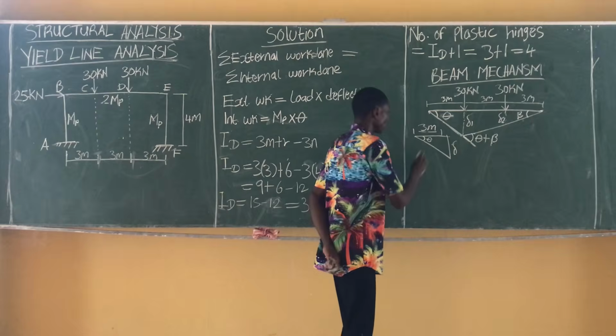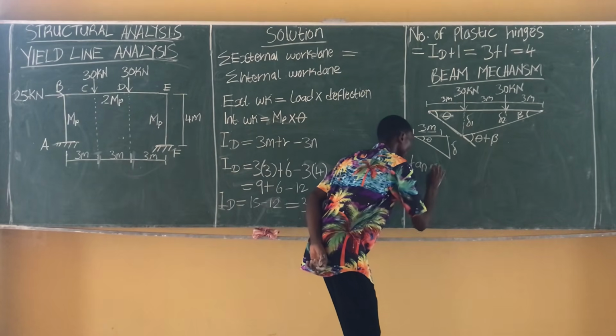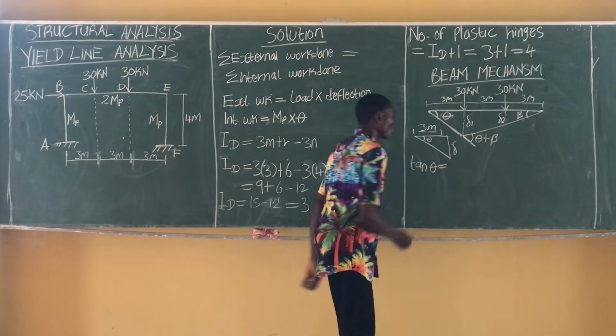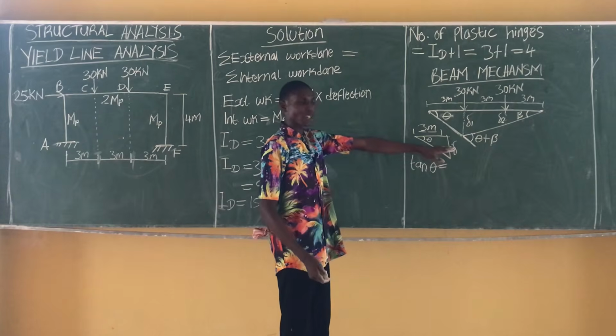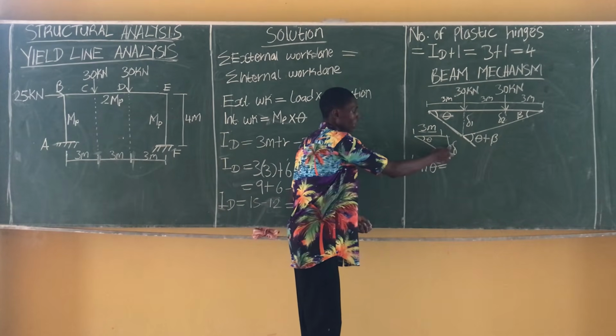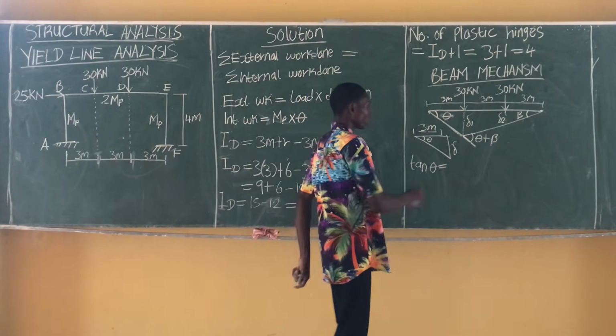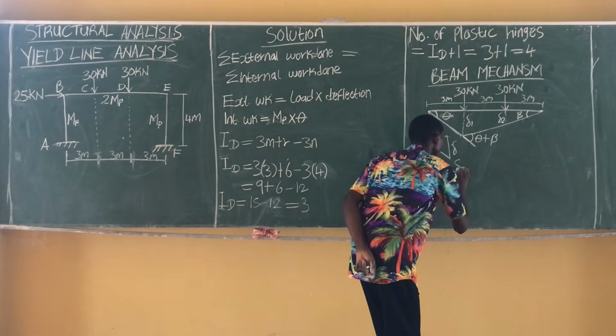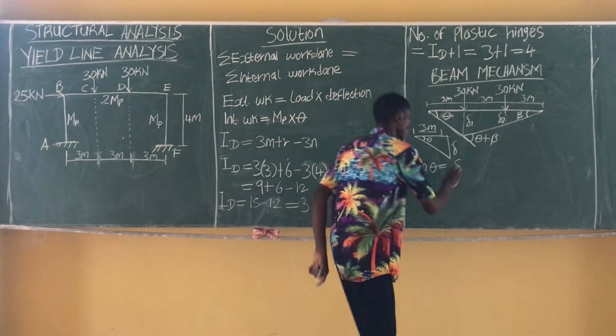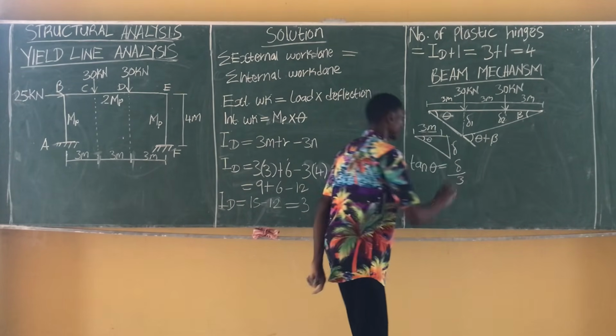Now, if we take tan theta, we know that tan is equal to opposite over adjacent. This is the opposite, and this is the adjacent. So tan theta is going to be equal to deflection, which is our opposite, over our adjacent, which is 3.